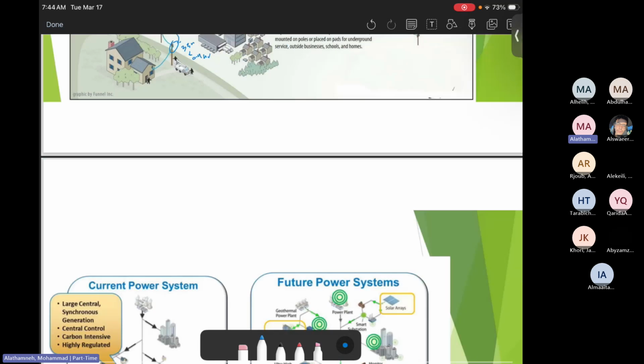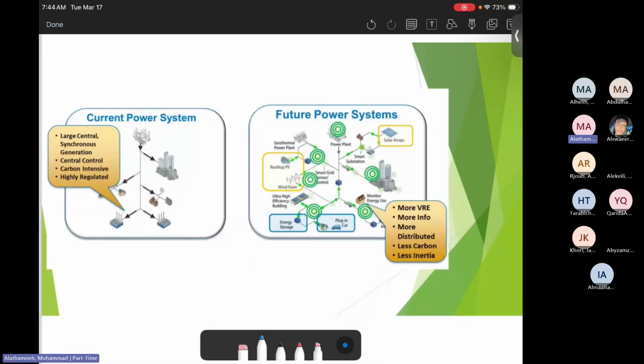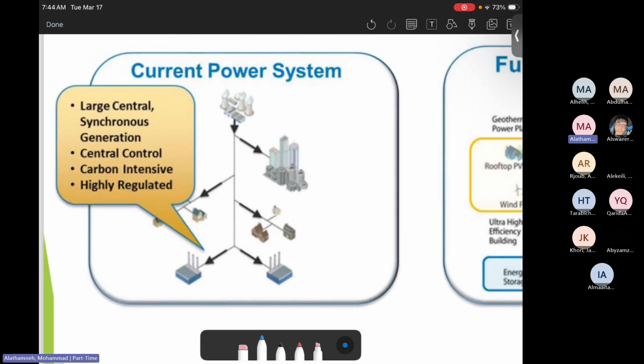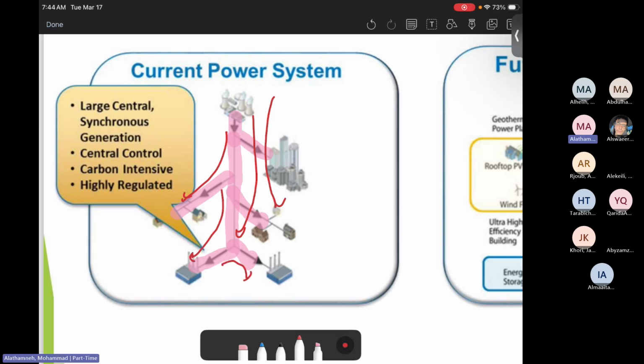Now, the other thing about the power system. The current power system is based on unidirectional power. What does unidirectional mean? The power goes from the substation toward the customer, generation toward the customer, only one way from the utility to the customer. But this is not the future.